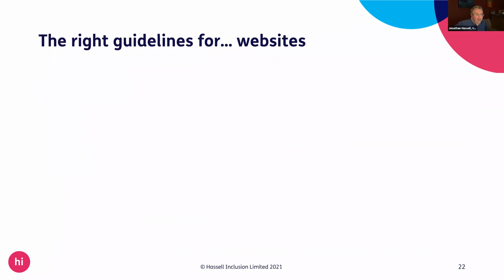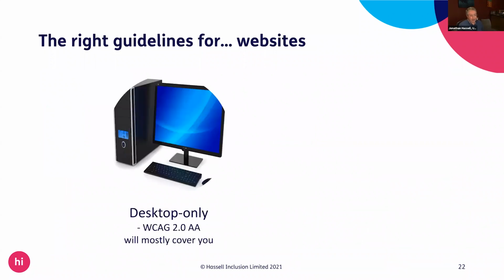So the right guidelines for websites. This is the easy stuff. If you are doing something which is a website and it is only going to be available on the desktop, partly I want to say what century are you living in, but it is possible that some people might just be doing things that can only be looked at on big screens.